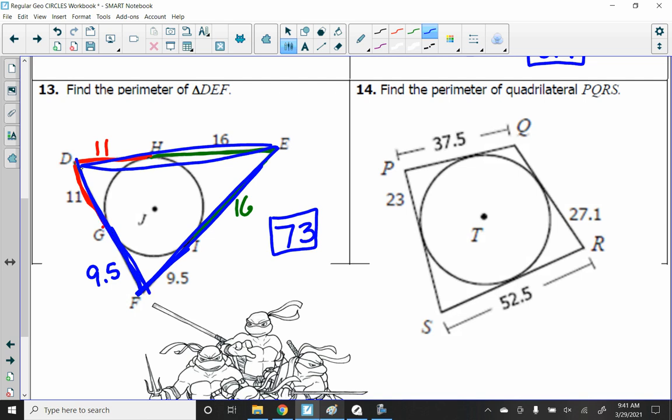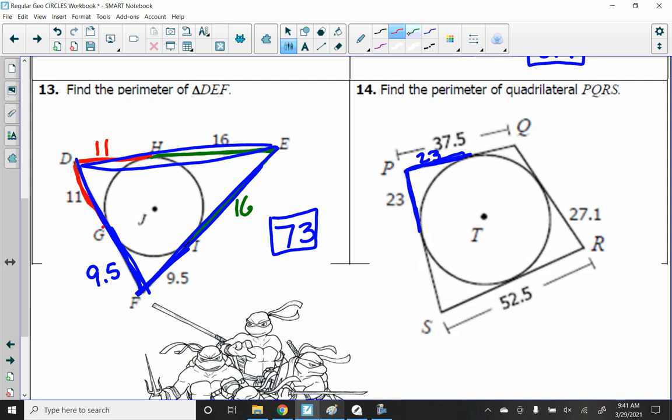So let's look at a more challenging part. The reason why this is challenging is because let's look at P first. If I look at P, these two segments must be the same. Well, if I know this is 37.5, now I know this piece has to be 23 because it meets at P and the other piece is 23.